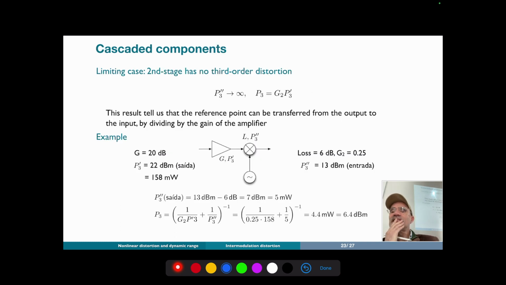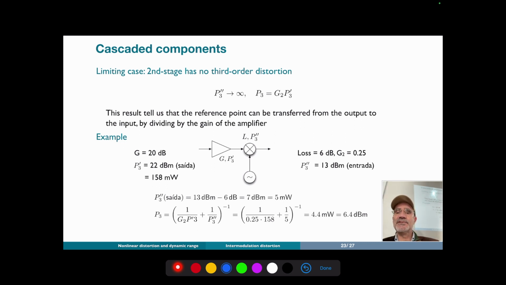One important example for it is when we have an amplifier followed by a mixer. So the amplifier amplifies the signal, and then the mixer combines this RF signal with a local oscillator to provide a frequency conversion of the signal.